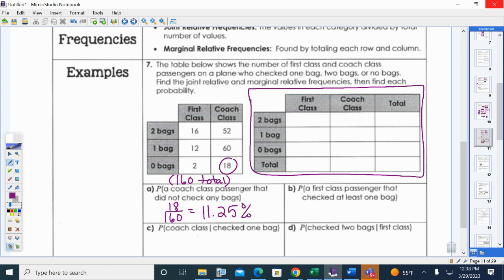Now, I can do that very easily without having to fill out the frequency table. What the frequency table is asking you to do is to find the percent or the decimal value for each of these. So, for example, to fill in the frequency table, you would take the 16 and divide by 160.